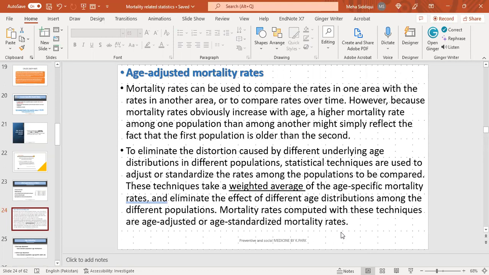To eliminate this distortion caused by different underlying age distributions in different populations, statistical techniques are used to adjust or standardize the rates among the populations to be compared. These techniques take a weighted average of the age-specific mortality rates and eliminate the effect of different age distributions among the different populations. Mortality rates computed with these techniques are age-adjusted or age-standardized mortality rates.